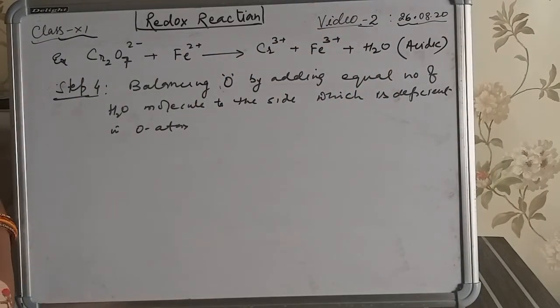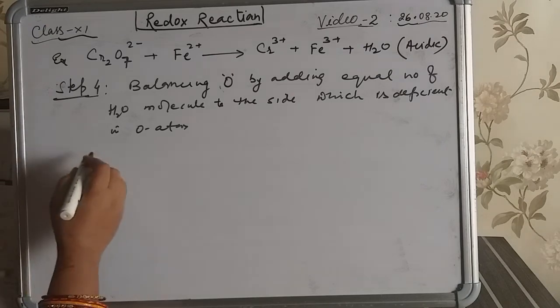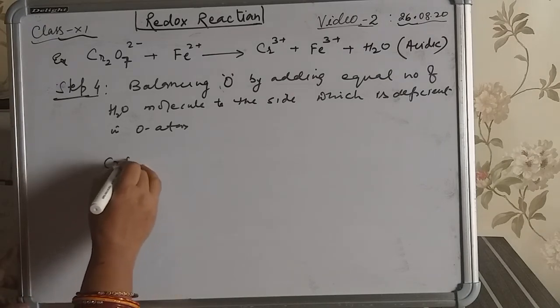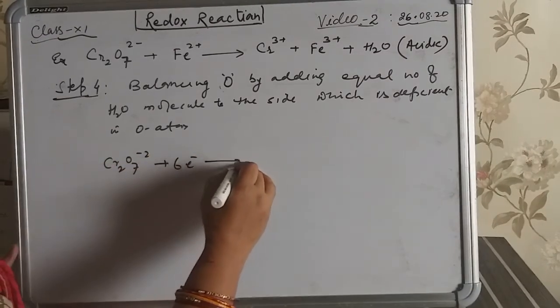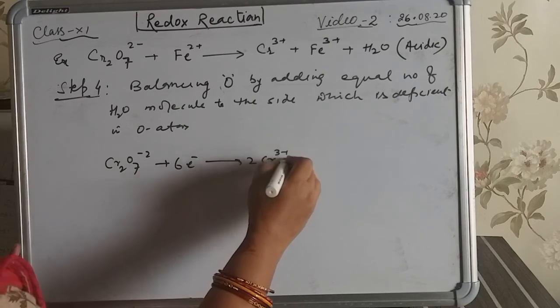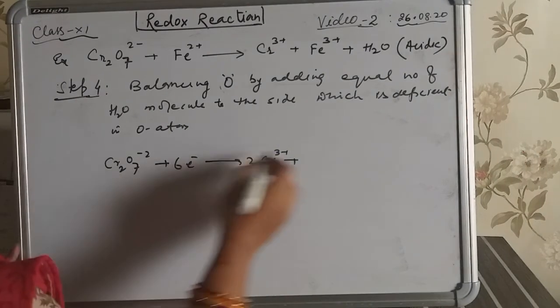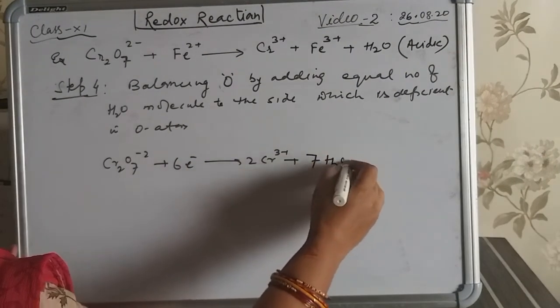So Cr2O7 2 minus plus 6 electrons gives 2 Cr3 plus and 7 H2O.